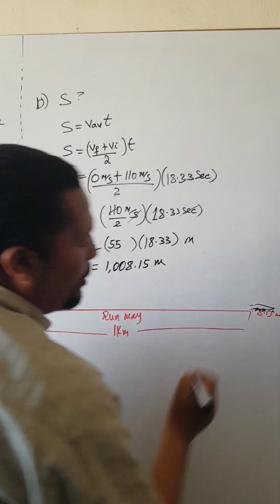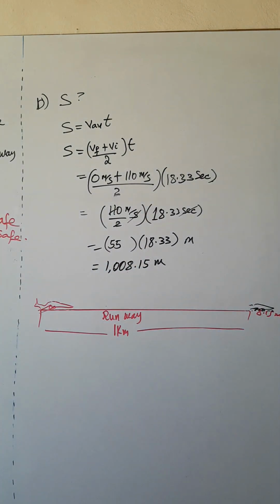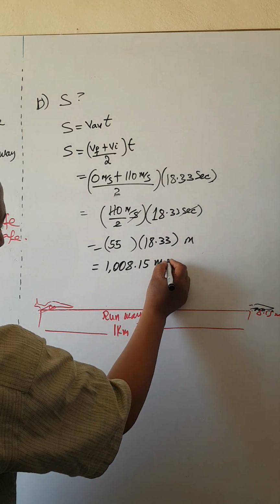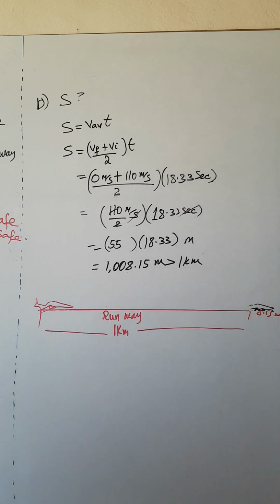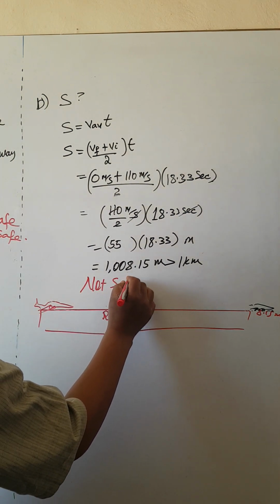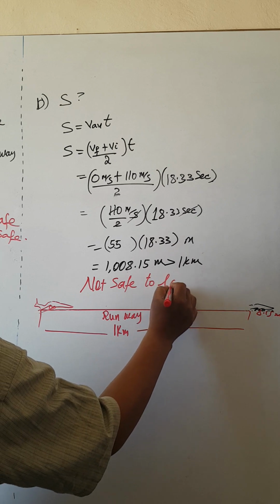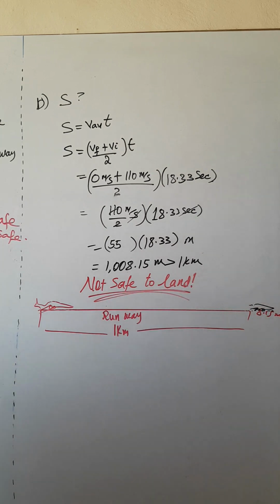So the jet is out of our runway. This is greater than 1 kilometer. So this is not safe, not safe to land on a 1 kilometer runway.